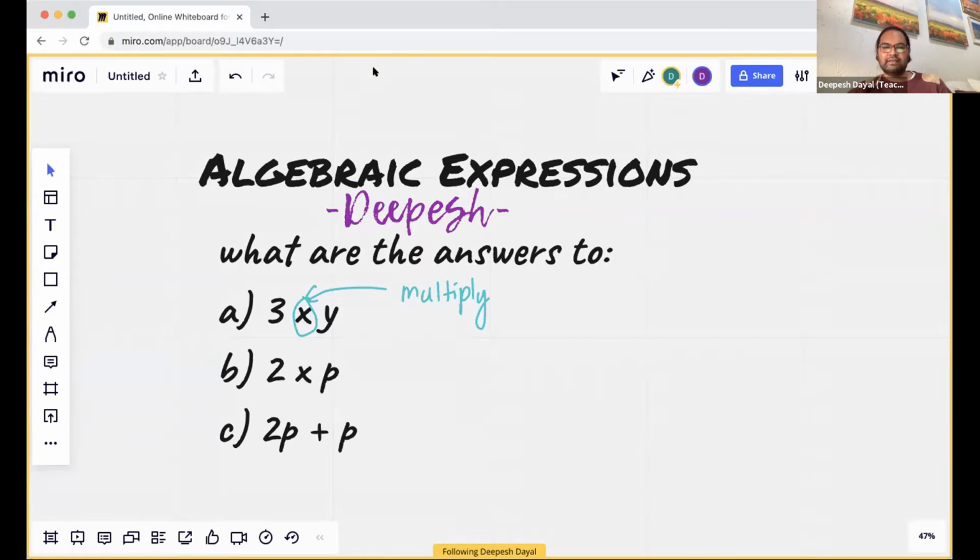Yes, Luanle, what is the answer to the first one? 3y. Okay, I wonder if others agree with Luanle. So the first answer being 3y. Let me just write it in.